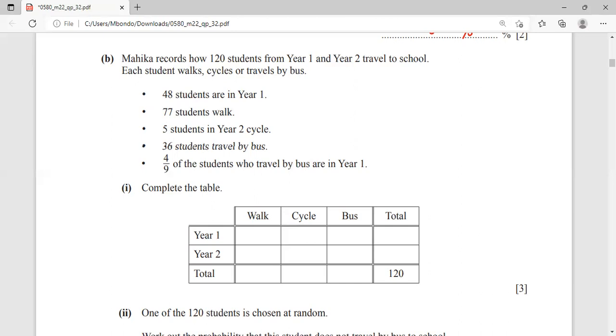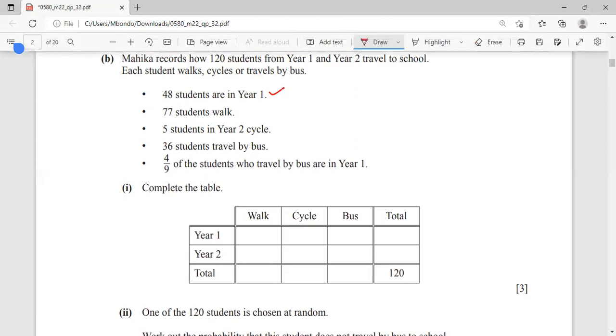Complete the table. Okay, so what are we supposed to do here? We can start with the first one here, that 48 students are in year 1. 48 students, which is a total. So we can put this one here. Again, we are told that 77 students walk.